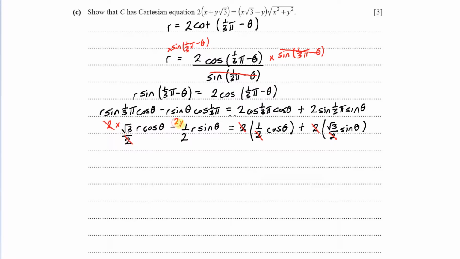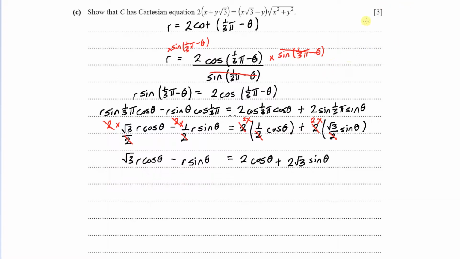Then by 2, then this will cancel. So we'll now be having on the left side root 3 r cos theta minus r sine theta is equal to 2 cos theta plus 2 root 3 sine theta. So this is what we now have.